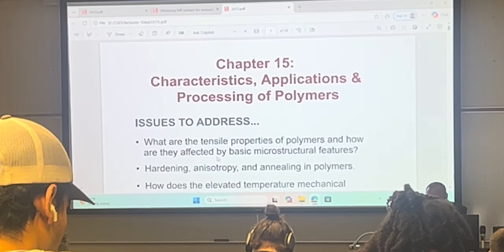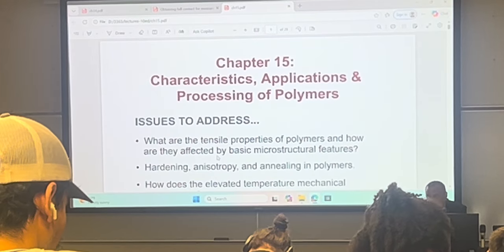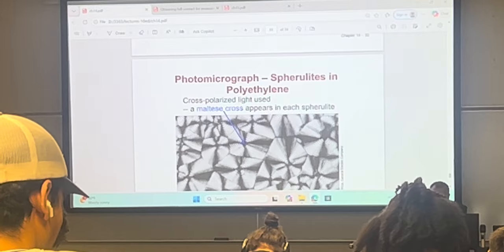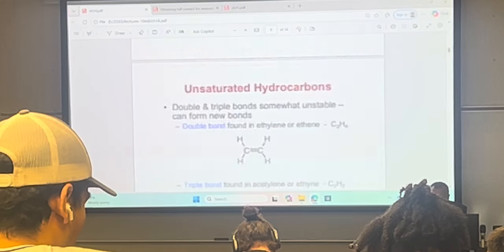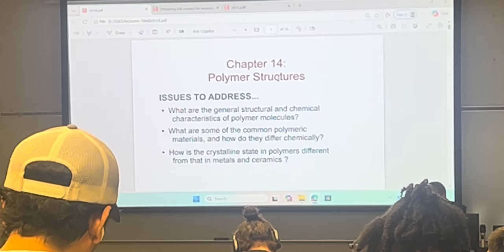So once we have an idea of the structure of the polymers, right? What was it called? Like the basic things. Polymer structure, right?